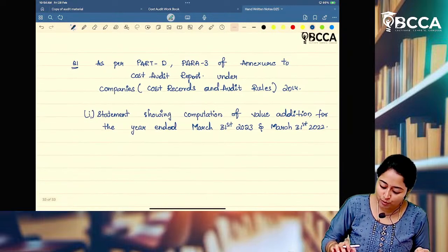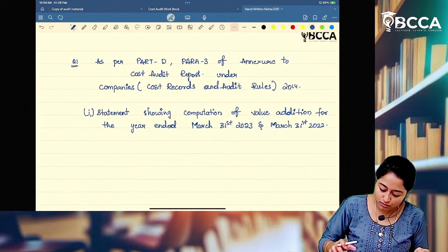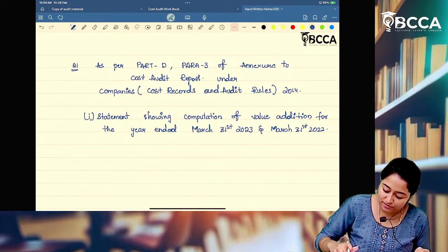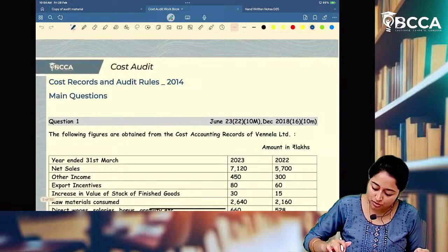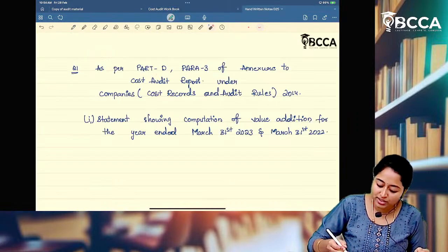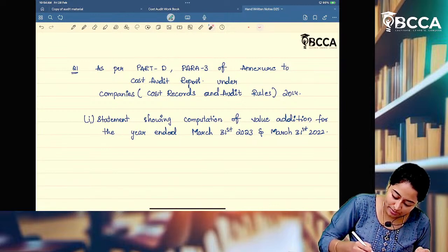And here if you want, you can write Vanilla Limited also. Like starting, you'll write Vanilla Limited and then you will go into that. Because the company name is also given here. So, cost accounting records of Vanilla Limited. So, you can write starting heading as Vanilla Limited here.